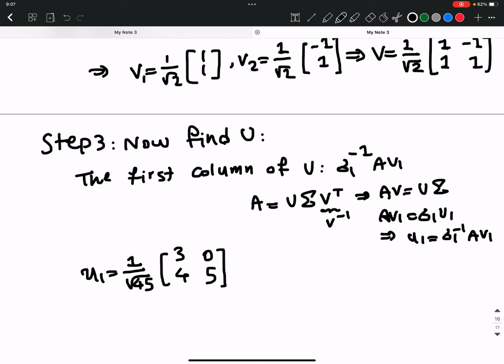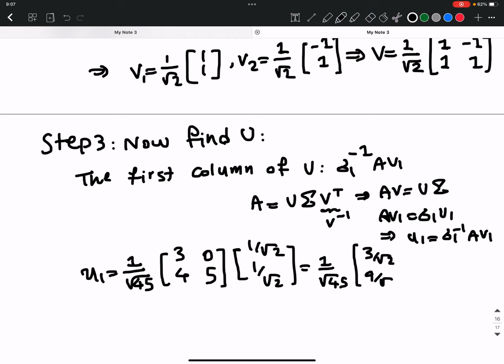We have it here. 1 over square root of 2, 1 over square root of 2. Now, you calculate this. What do we get? We get 1 over square root of 45 times 3 over square root of 2. And the second one is going to give me 4 plus 5, 9 over square root of 2.